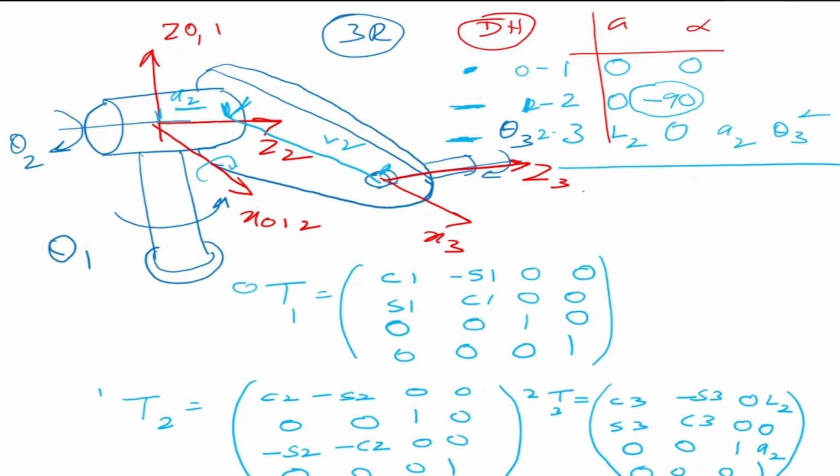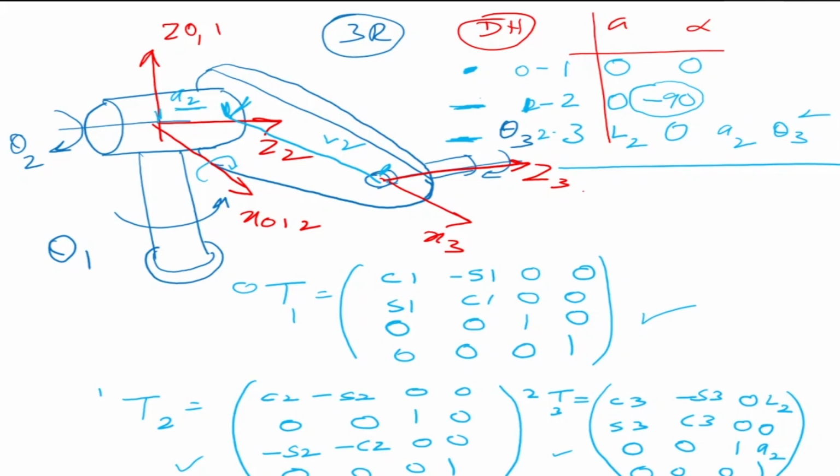So we have got T1 to 0, then T2 to 1, then T3 to 2. Now I can multiply all these three and I can end up with T third frame to the 0th frame. Okay, so this is the way we proceed. Now a computer program would do it. When you write a program, it is going to be executed like this, where we have to make this DH parameter table, which is a matrix.